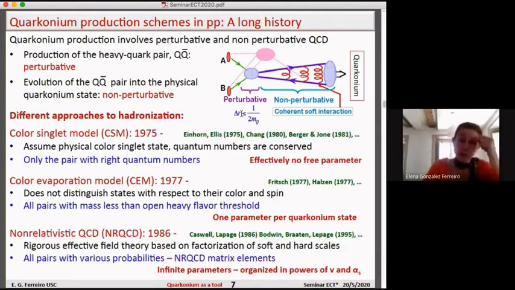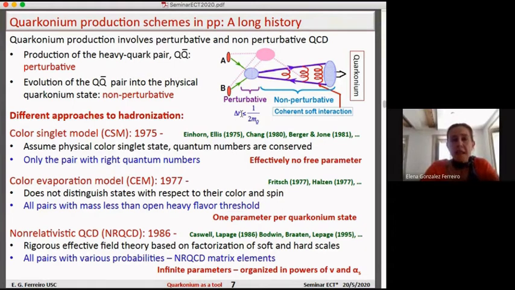Historically speaking, the first approach to hadronization came from the color singlet model. Within this model, one assumes that only a physical color singlet state becomes a quarkonium, so the quantum numbers are conserved, and only the pair with the right quantum numbers becomes a quarkonium state. Effectively, that means that you don't have any free parameter.